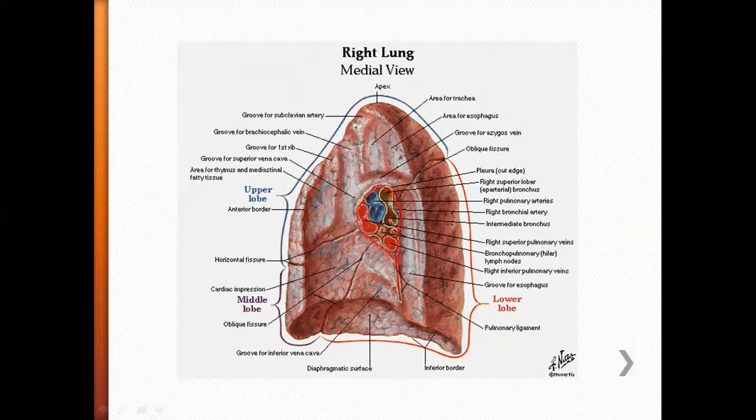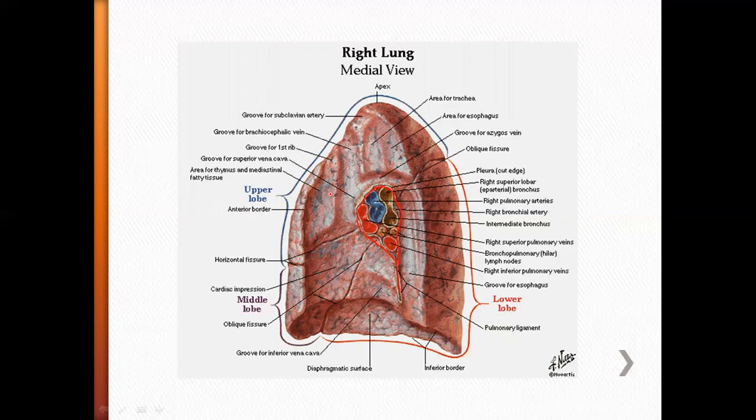Because there are structures coming in and going out from this root of the lung. That means artery, veins, lymphatics, and our bronchus will be entering, and veins will be coming out. So that is why this is called the root of the lung. Now you know the fissures are running here and the root of the lung is there. By means of this, we are dividing into upper lobe, middle lobe and lower lobe.